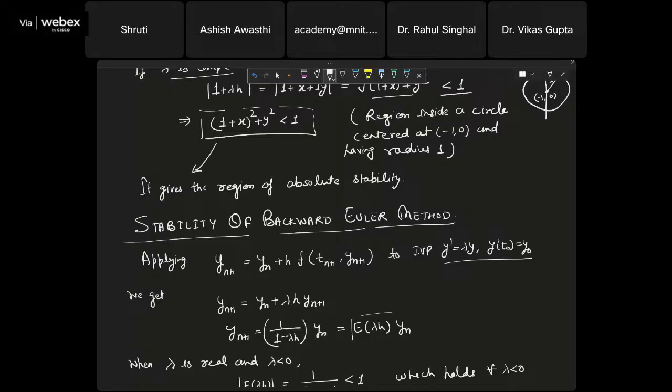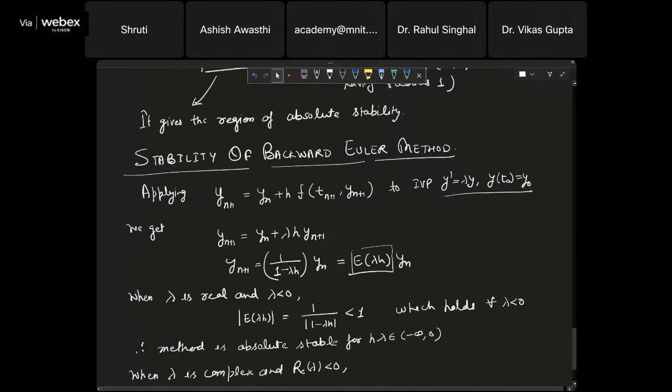So the term approximating exponential lambda h is nothing but 1 over 1 minus lambda h. For real values of lambda, we get modulus of 1 over 1 minus lambda h less than 1, and that will hold for all negative lambdas. So here also the method is absolutely stable for all lambda h belonging to the negative real line.